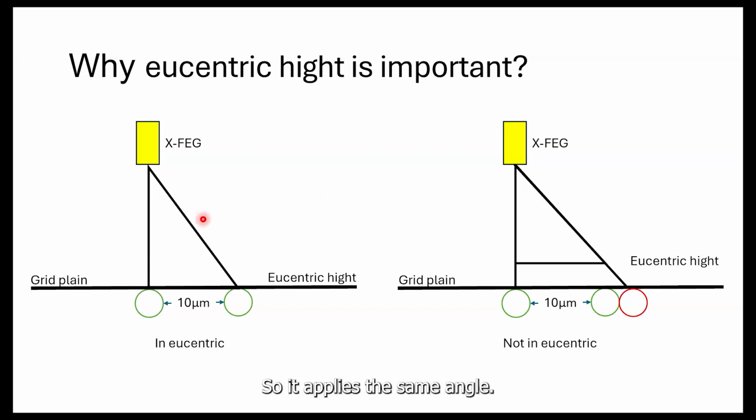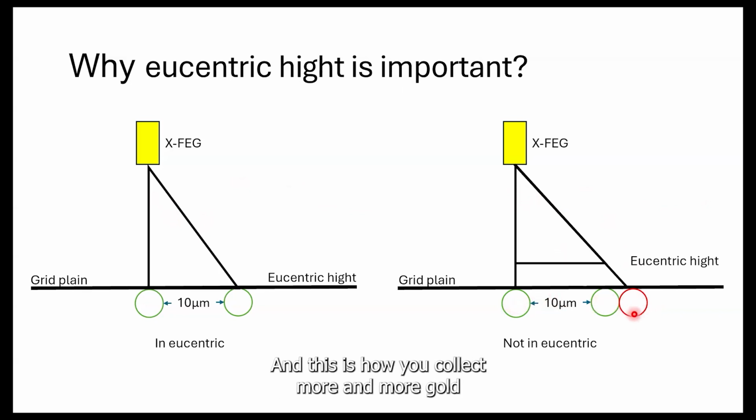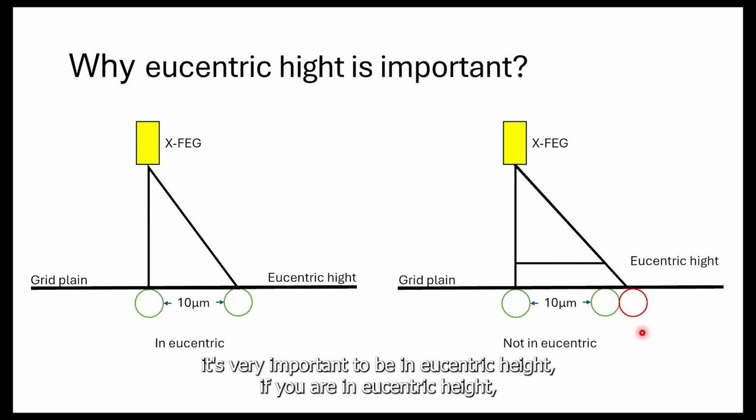So it applies the same angle. It is the same angle between the two triangles. But you can see it hits here, where you don't have a hole, because the hole is still here. It's still 10 microns away from the original hole, and it misses the hole. And this is how you collect more and more gold and fewer holes. This is why it's very important to be in eucentric height.